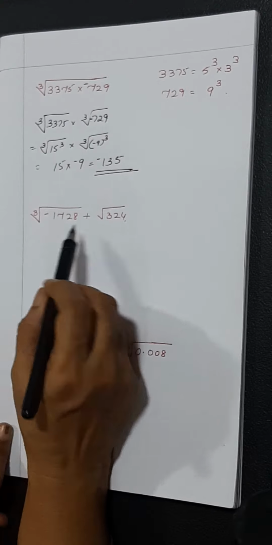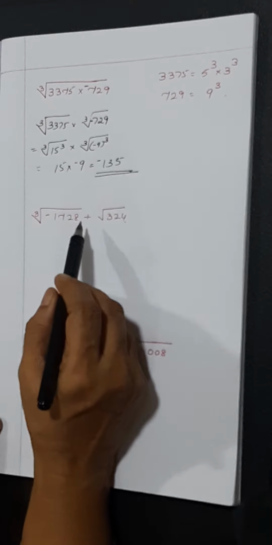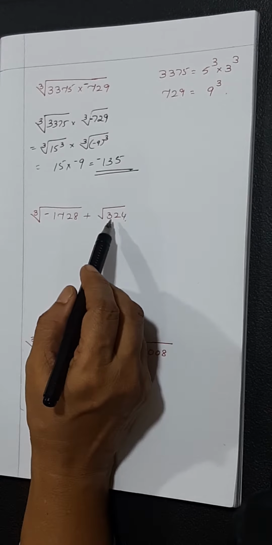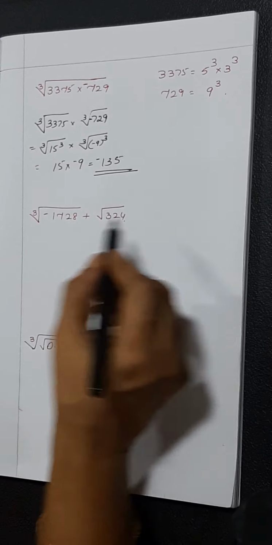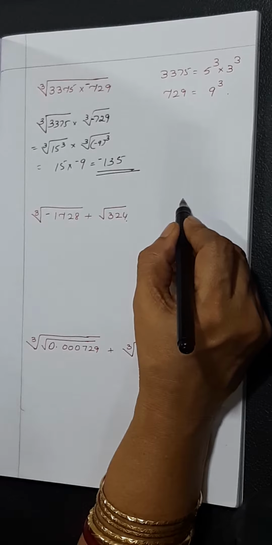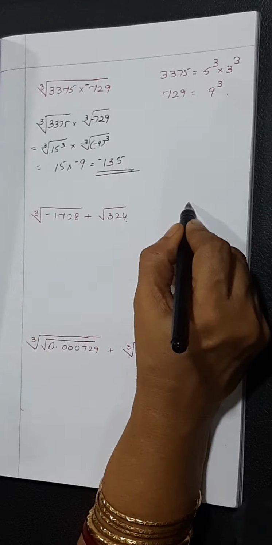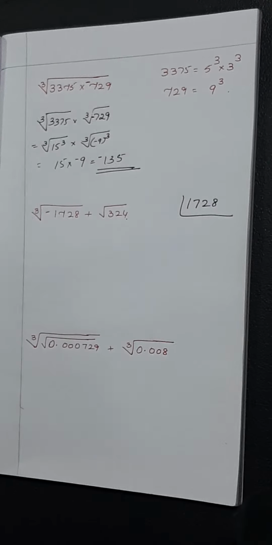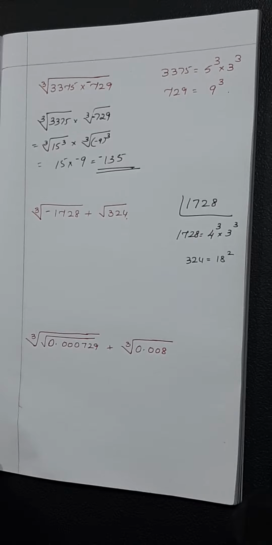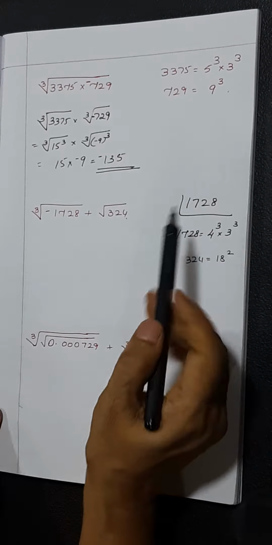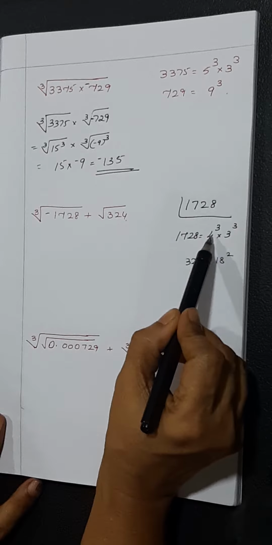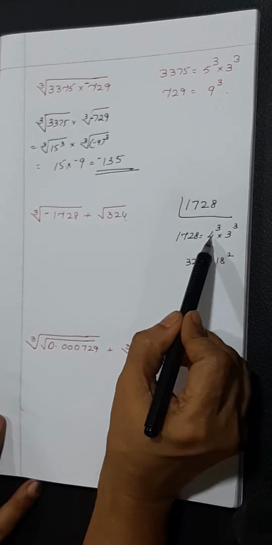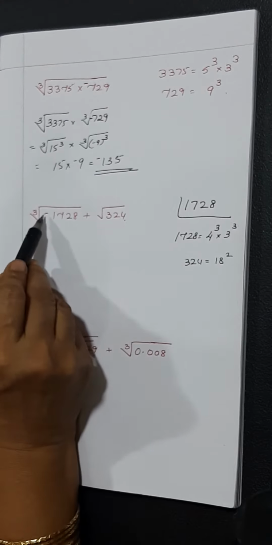Now in this, minus 1728 plus root 324. Now we have to find the factorization of 1728. I have already done it. It is 4 cube into 3 cube. So it will become 12 cube, and this is minus.